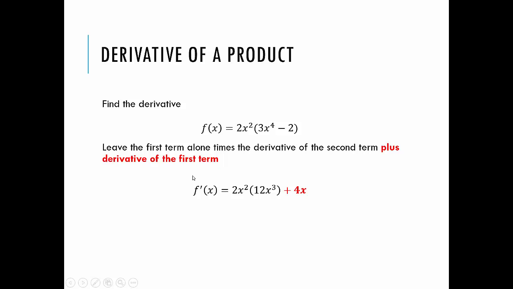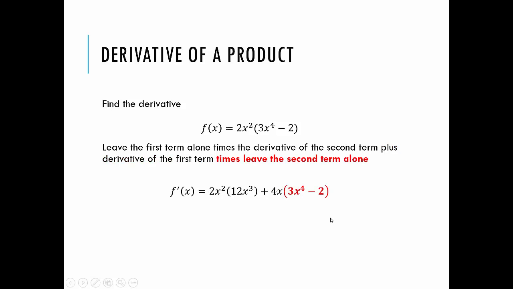I then add the derivative of the first term, 2 times 2 is 4x, and then I leave the second term alone. So I left the first term alone, derivative of the second, left the second one alone, derivative of the first. And then from here I can multiply things out and collect like terms.